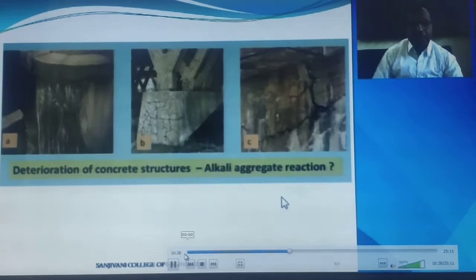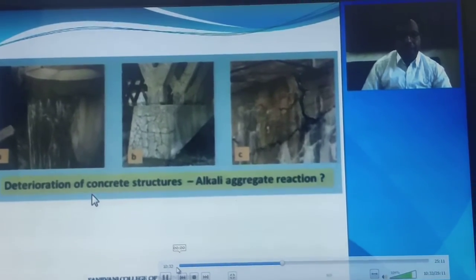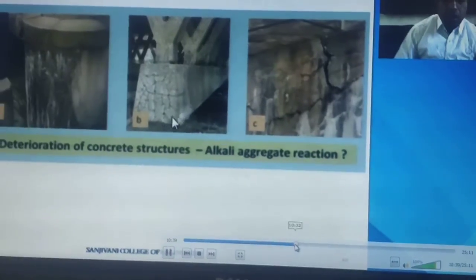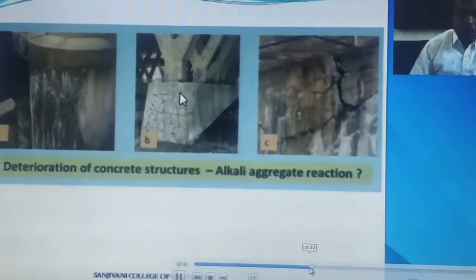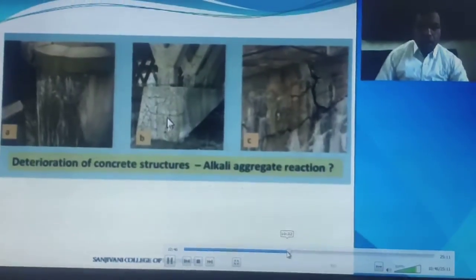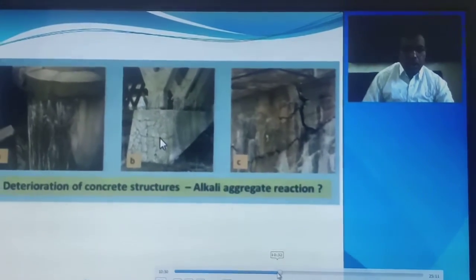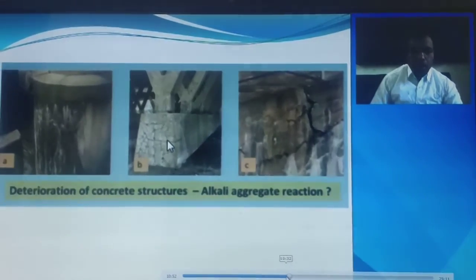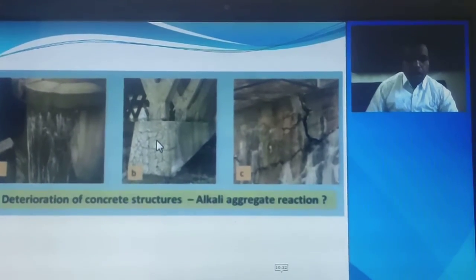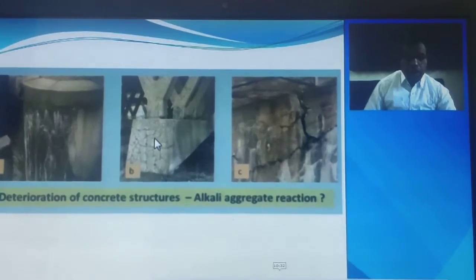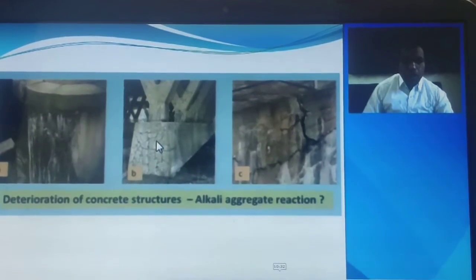This shows deterioration that looks like structural failure, but it is due to the alkali aggregate reaction. This is nothing but a loss in durability of the concrete. This is not a structural crack. The alkali aggregate reaction is a reaction of sodium, potassium and hydroxyl ions in the cement paste, and it is a deleterious reaction.